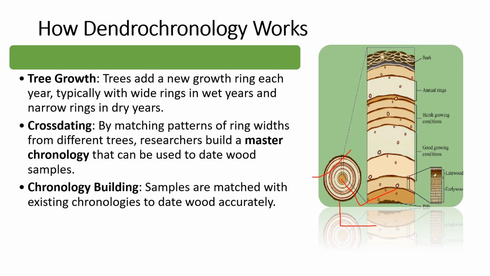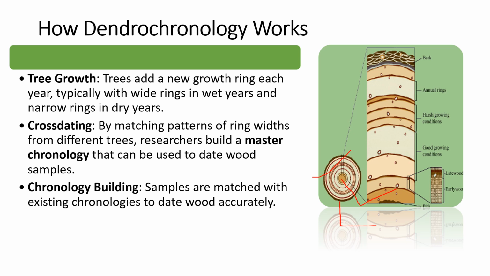Now, by analyzing the patterns of how wide and how narrow these rings are, we can learn a lot about past environmental conditions. The process of cross dating allows researchers to match these patterns between different trees to create a master chronology, a continuous record of tree growth over centuries or even millennia.